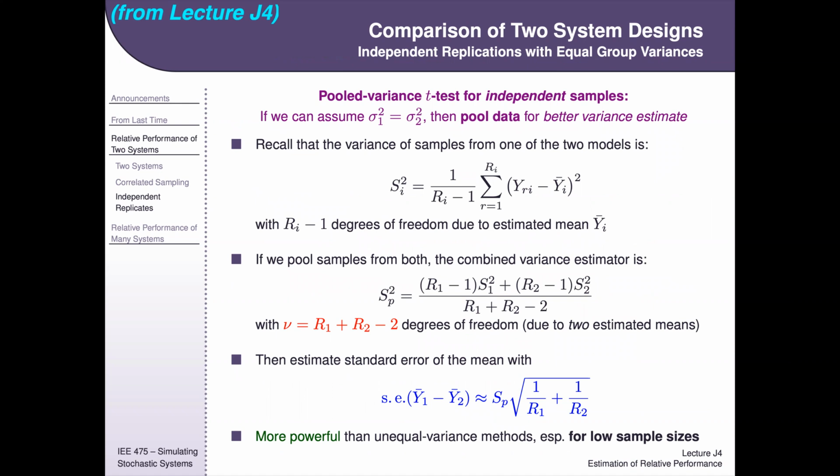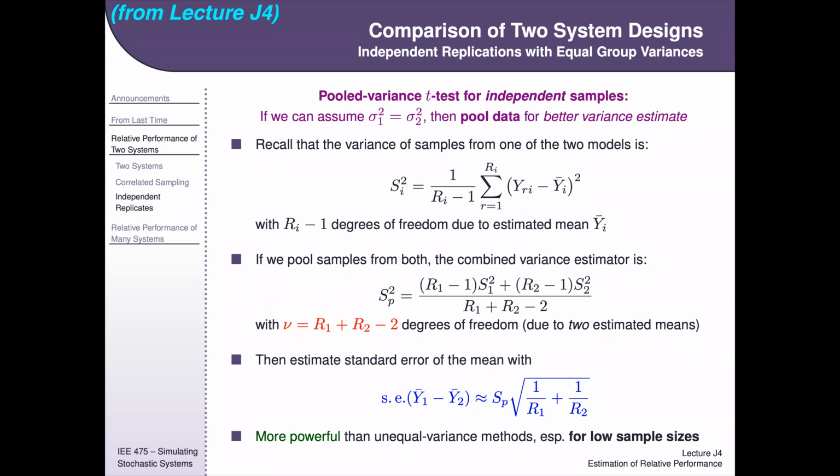Let's imagine that my two model systems run with different inputs, but we can assume that the variance coming out of the performance for model 1 is identical to the variance coming out of the performance for model 2. And we can test for that. There are tests for that, like Levene's test or an F test. There's a bunch of different tests that will test whether the variance of these two data sets is the same.